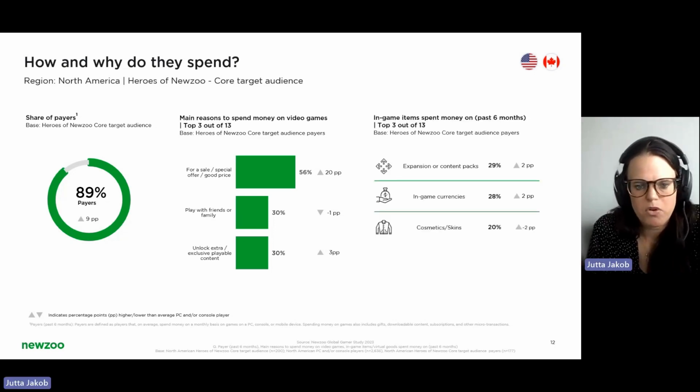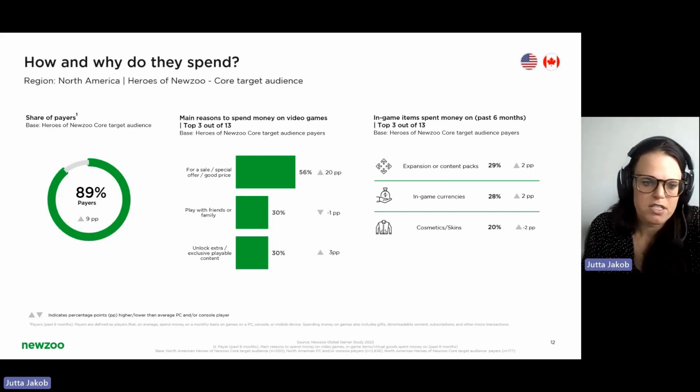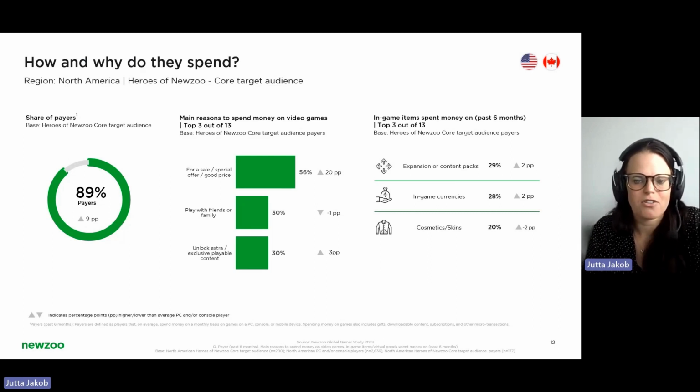Furthermore, we can also explore the specific in-game items our core target group generally spends on. Their preferences lean towards expansion or content packs, in-game currencies, and cosmetics or skins. Although these preferences are not necessarily limited to RPG games only, they provide insights that can inform our in-game monetization strategies.